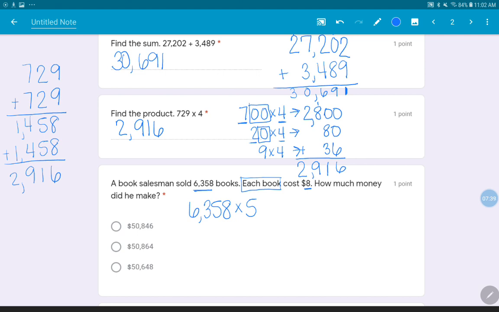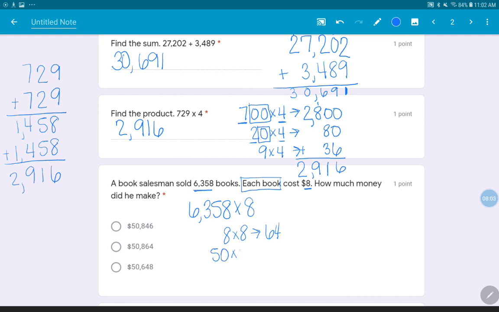Where did you get 8 times 8? Oh, I see where you were. We wrote down 5 instead of 8. So you did the ones. 8 times 8 is 64. And 8 times 5, 45.